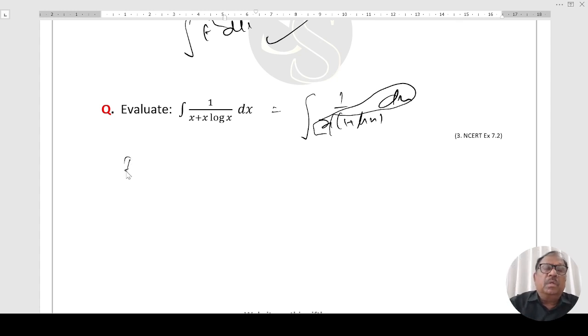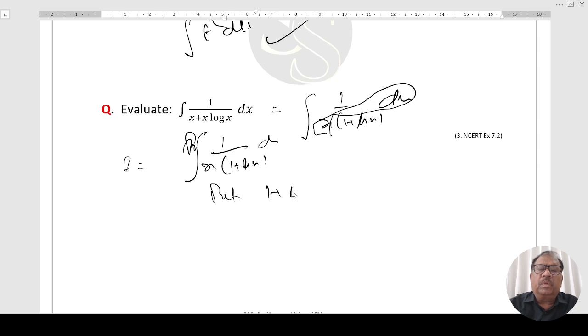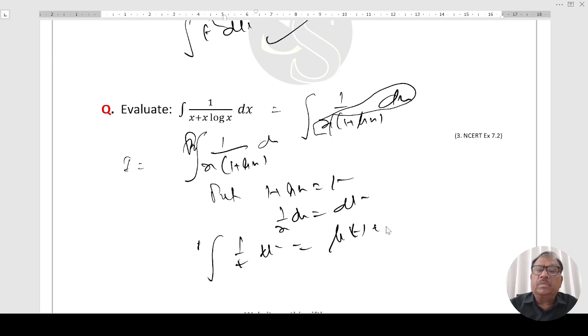So we put 1 plus log x equal to t, differentiating both sides with respect to x, so 1 by x dx equals dt. This comes out to be integral of 1 by t dt, that is log of t plus c.